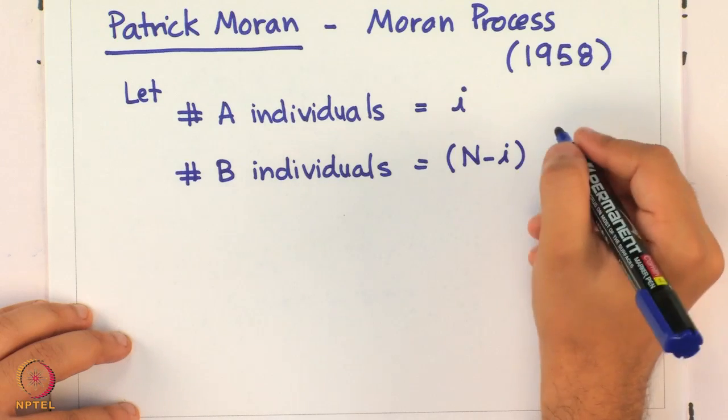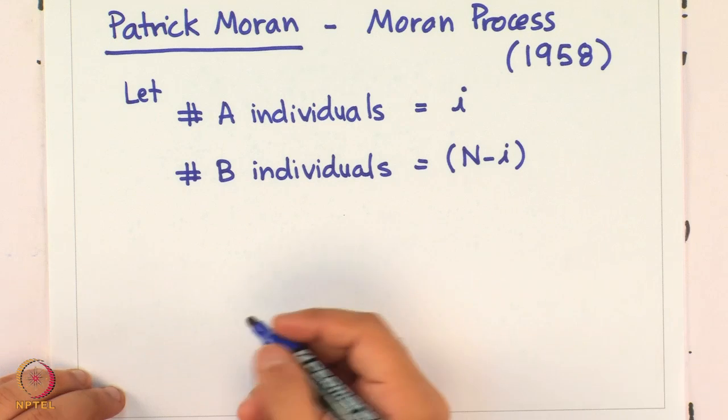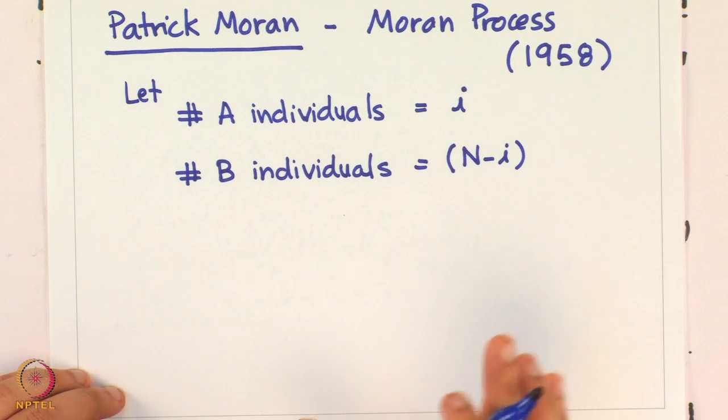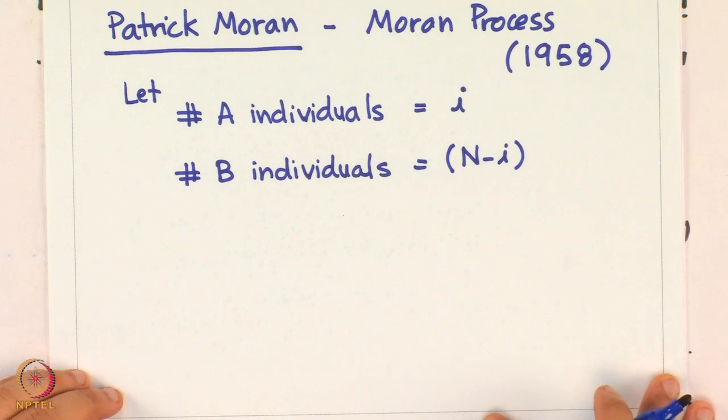Because the total number of individuals present in the environment is always constrained to be equal to n. Now, when I am choosing these individuals randomly, either for birth or death, that choice is totally random.